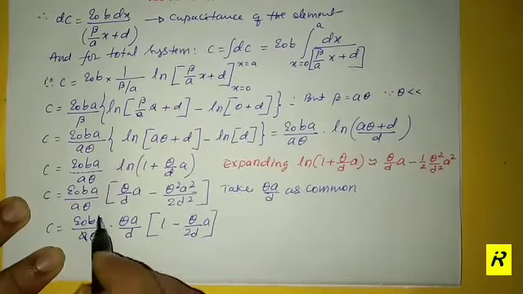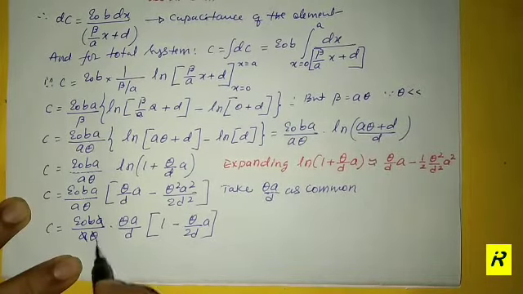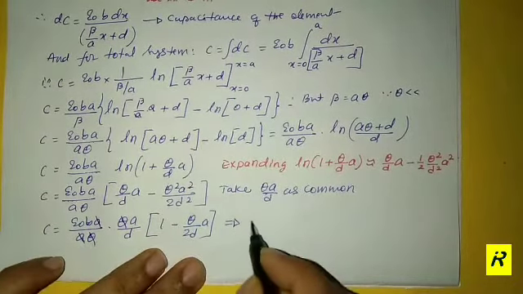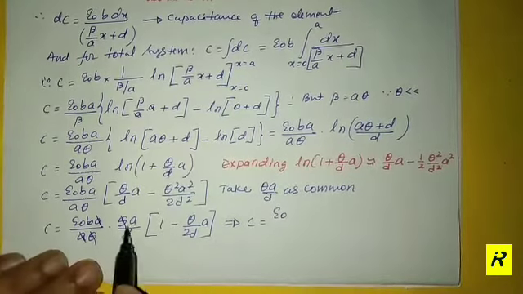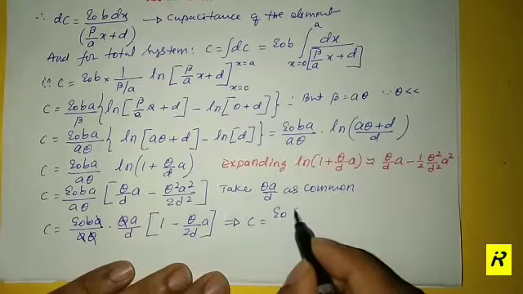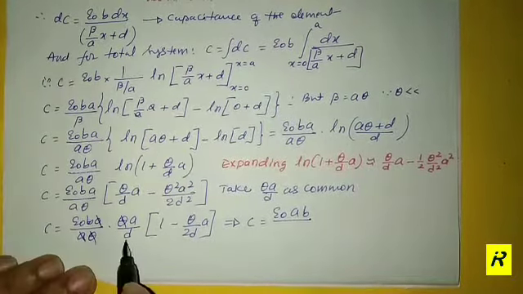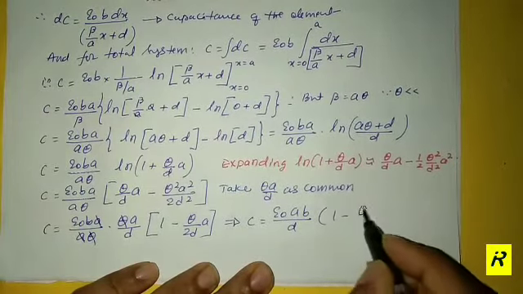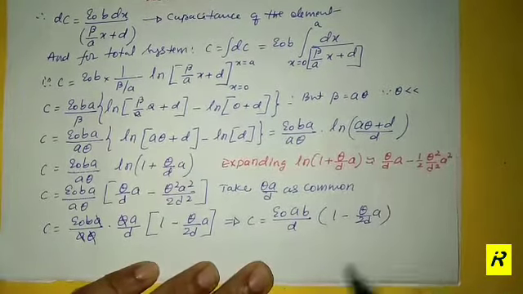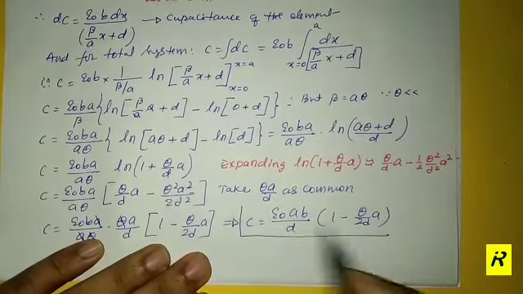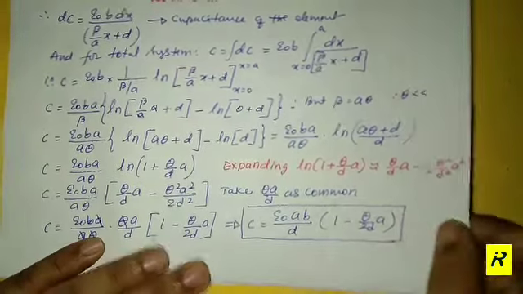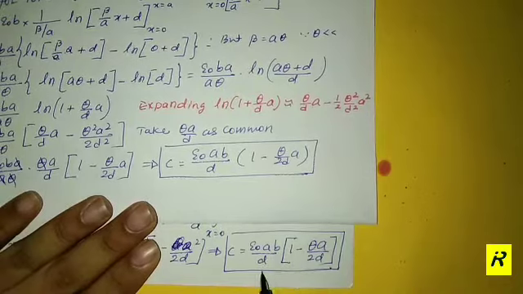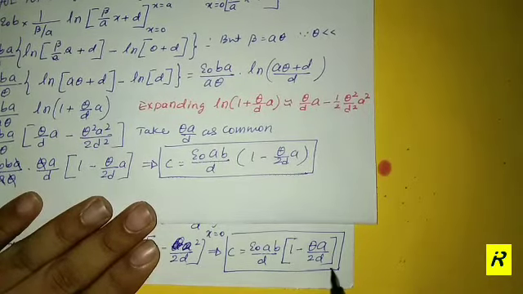So here the terms like A get cancelled and theta gets cancelled, right. So the remaining terms are C is equal to epsilon O. Be careful, here is A and here is B. AB divided by D, and inside the bracket what I am left with is 1 minus theta divided by 2D into A. So I got this result, which is exactly the same as what we already got in the first method, epsilon O AB divided by D into 1 minus theta A divided by 2D.